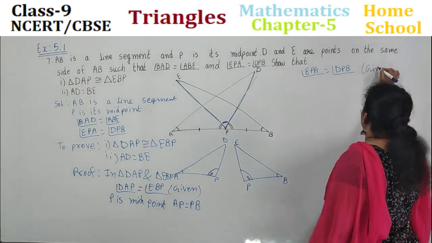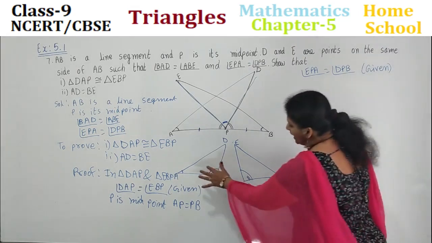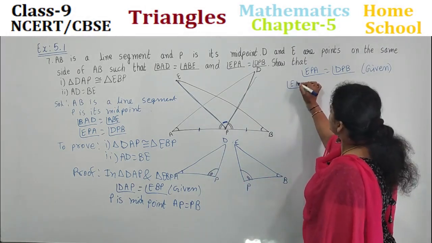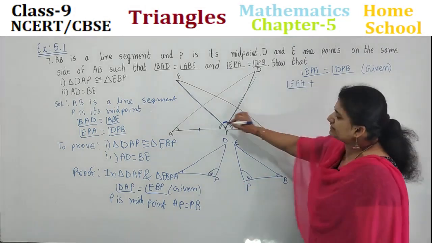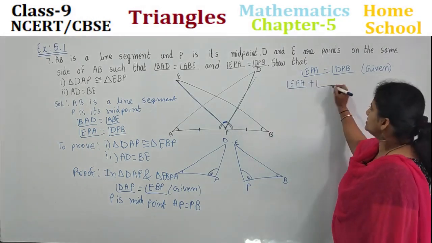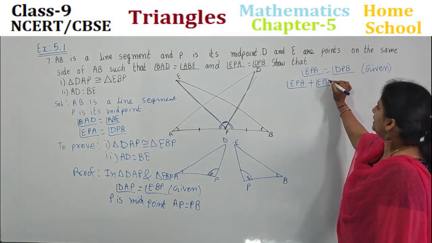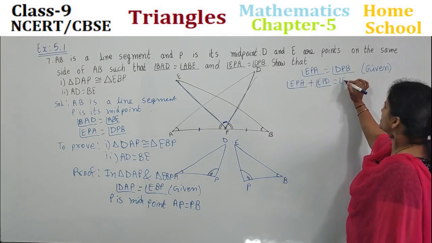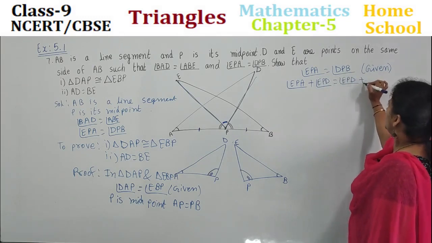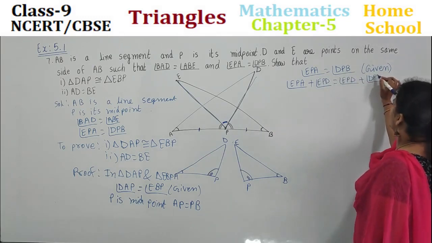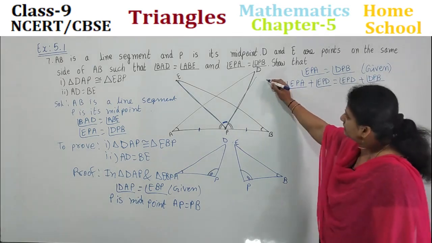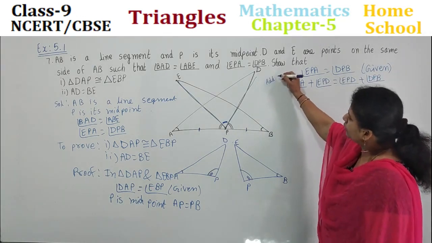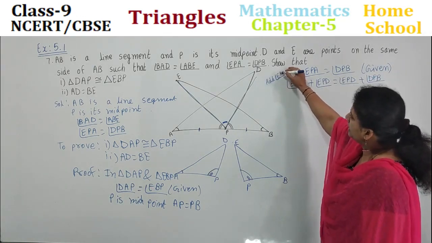This is given, children, but I cannot write it for this triangle. For these angles, let us add this angle, children, that is angle EPD, on both sides. Angle EPD plus angle DPB, adding on both sides.